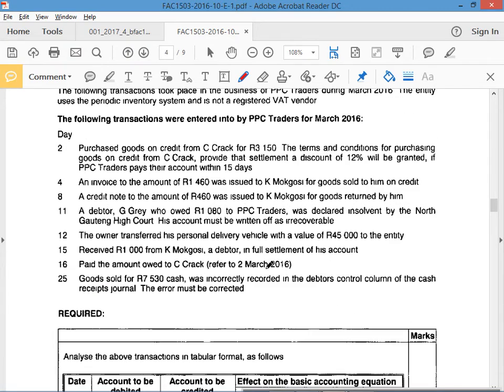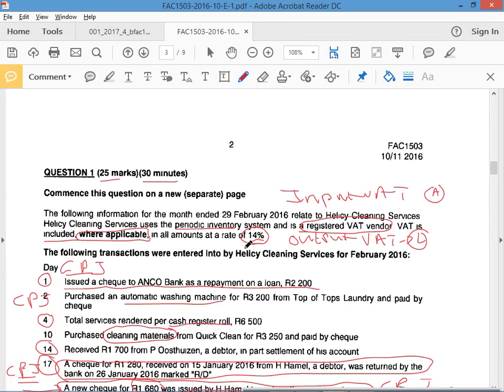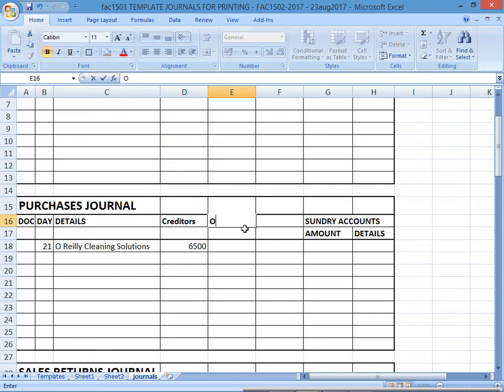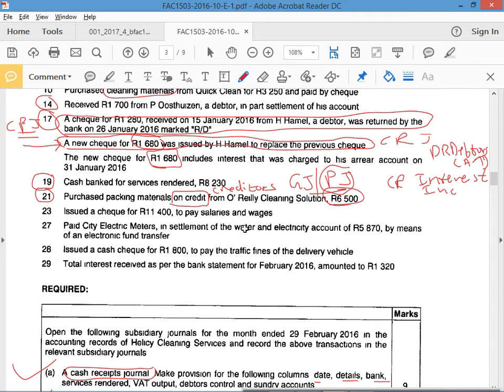And you would have shown what type of VAT here. We would have shown 6.5 as the actual purchase. Then we would have shown output VAT. And then we would have shown this was for packing material.